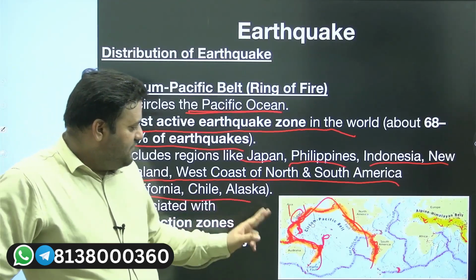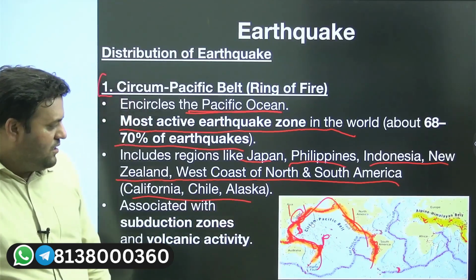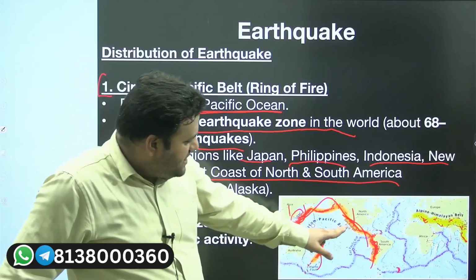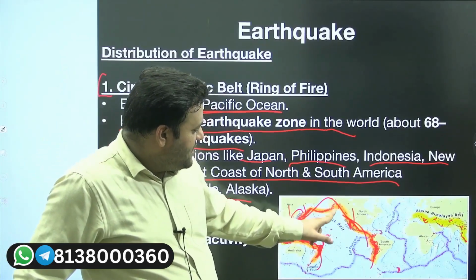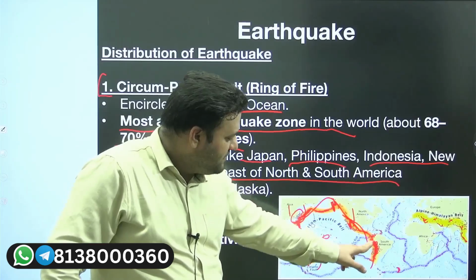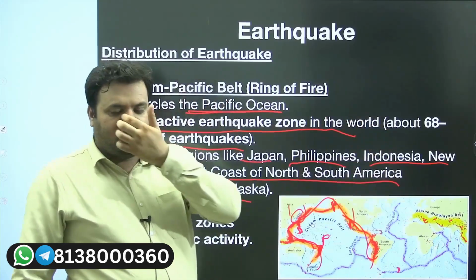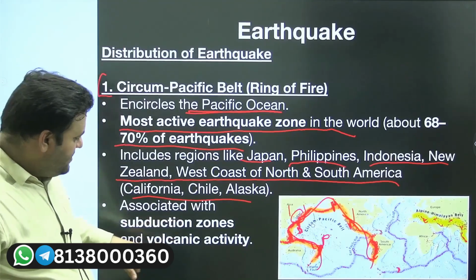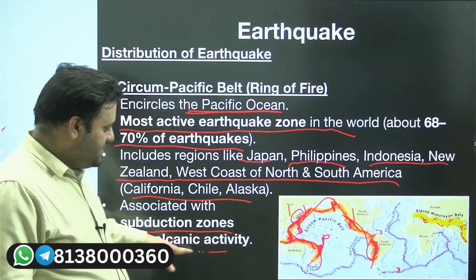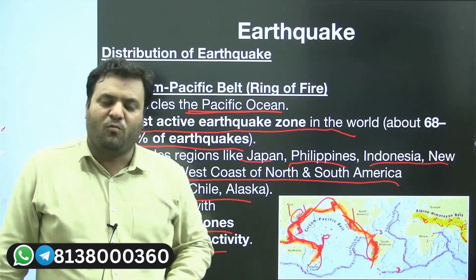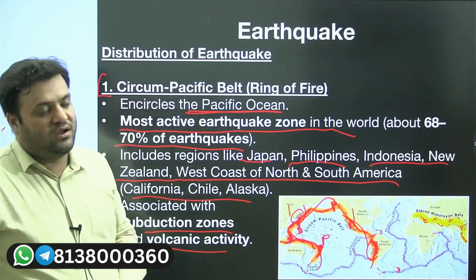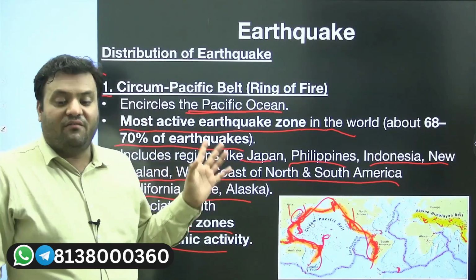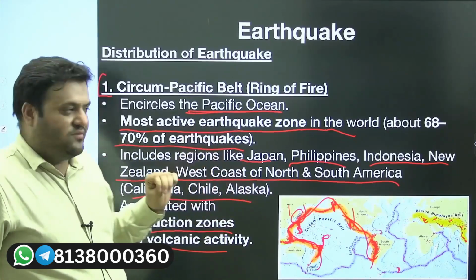Moreover, we have California, Chile, and Alaska. Here you will see we have California, here you will see we have Alaska, and here you will see Chile in South America. So these are the zones. Here we have subduction, and along with the volcanism, we have violent earthquake activity.